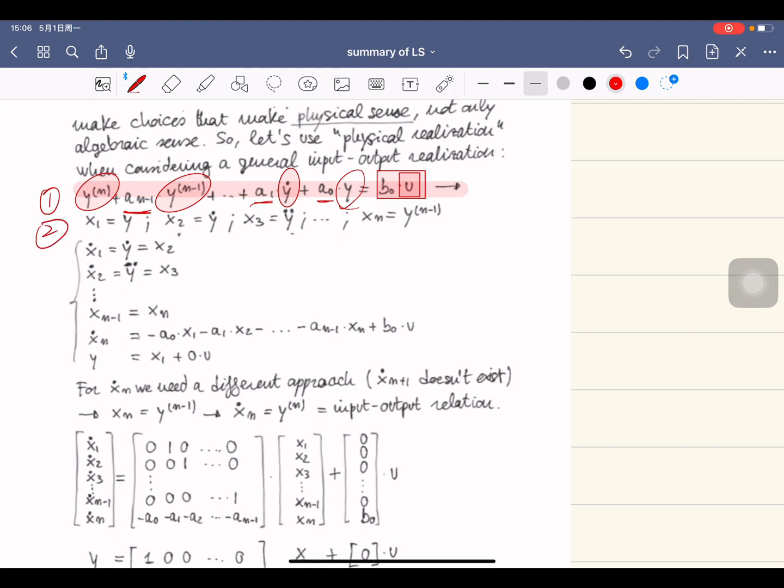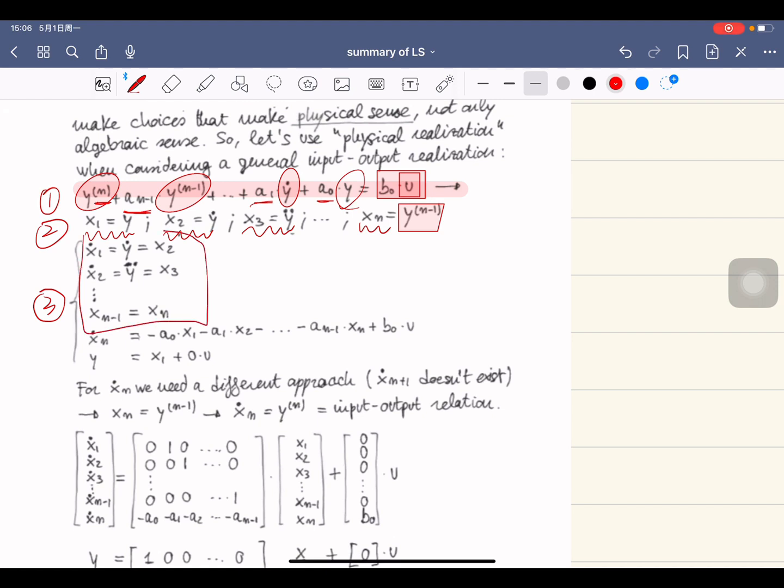Next, we should find how many state variables we need. It has n derivatives, so we only need to express up to the (n minus 1)th derivative of y. As s1 equals y, s2 equals y dot, s3 equals y double dot, and so on, for s(n minus 1) dot, we can use s n to express it. After that, we find the derivatives of the state variables.